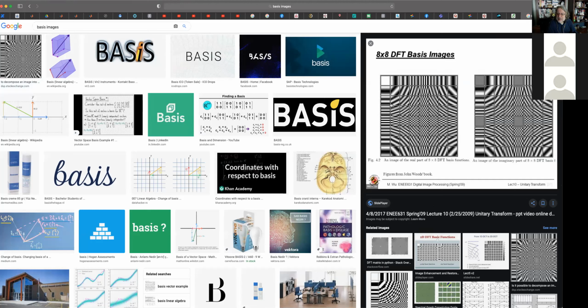Look at the basis images of the discrete Fourier transform in 8x8 case. As you see, they are different. They are not the same as the discrete cosine transform basis images. There are still 64 of them, but the basis images are increasing in horizontal variations and vertical variations, and then decreasing back, because these are essentially complex valued basis images, but I'm only showing you the magnitude of it.